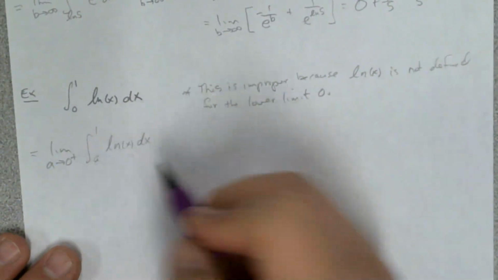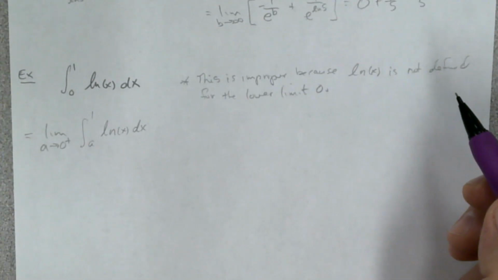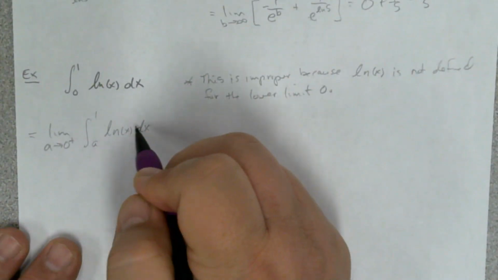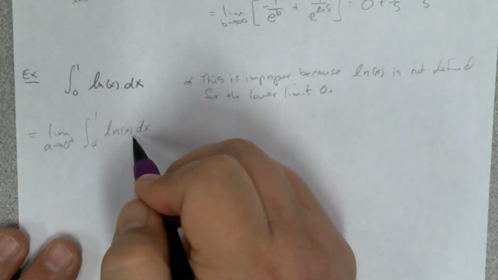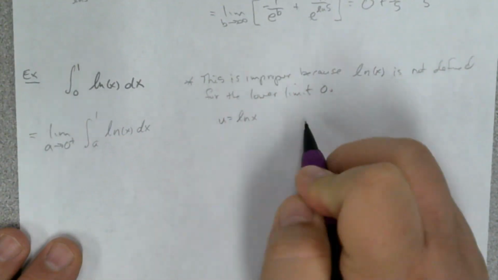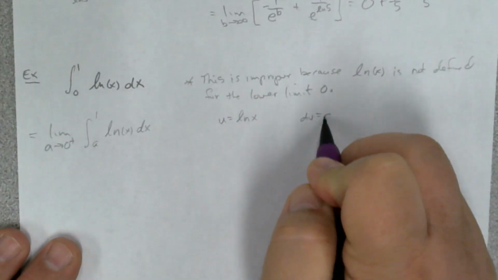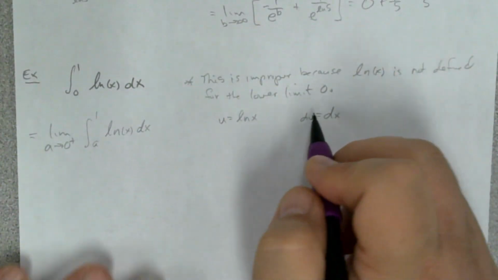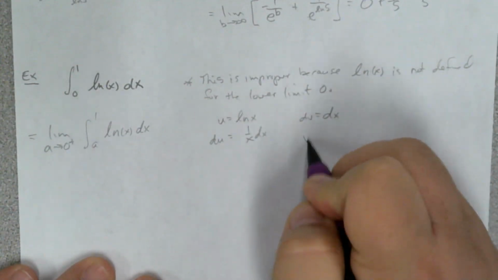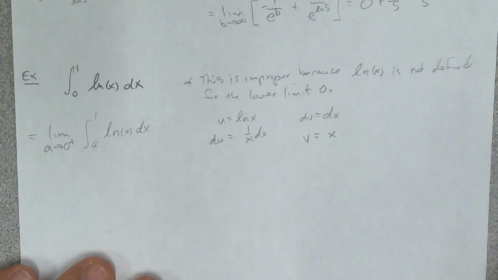So how do I integrate this? Well, from our past problem, integration by parts, we have to do integration by parts here, where this quantity right here is my u, and my dv is dx. So my du is 1 over x dx, and my v is simply x.